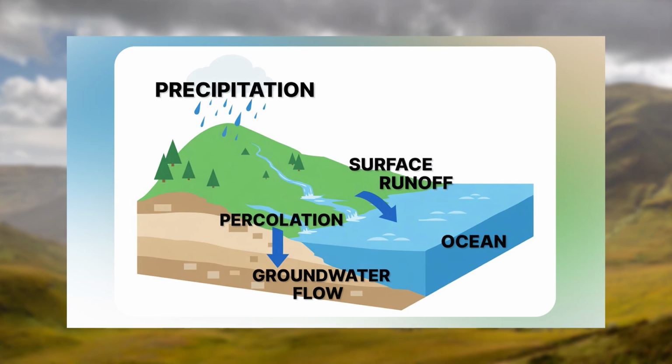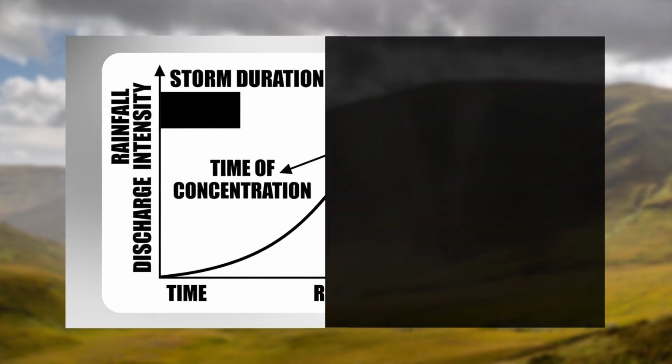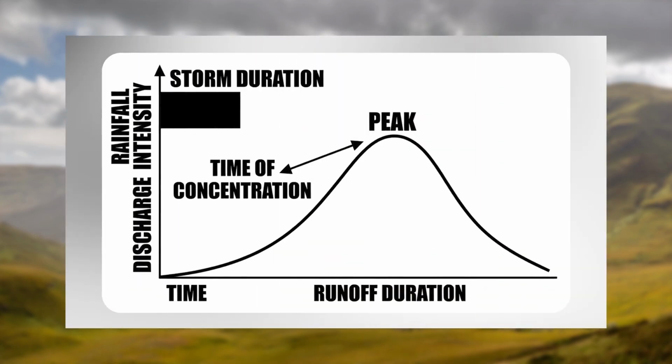The unit hydrograph relates runoff to a fixed unit depth of effective rainfall taking place uniformly over the basin for a specific duration. The concept of the unit hydrograph was introduced by L. K. Sherman in 1932 and has since become a cornerstone of hydrological analysis.